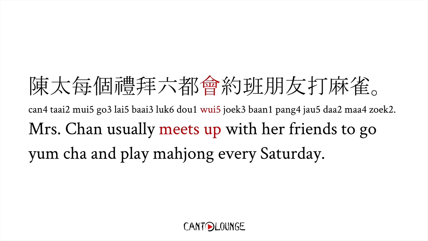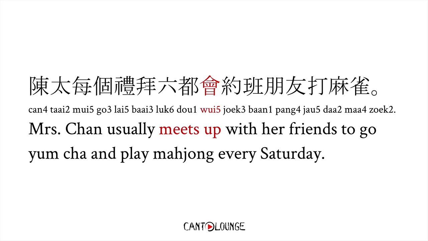And next, the third usage of 會, I think we've also mentioned this before in the lesson on the present tense. And this particular usage is used to refer to habitual occurrences, things that happen regularly, right? So for example, here we have 陳太每個禮拜六都會約班朋友打麻雀. And so Mrs. Chan every Saturday meets up with friends to play mahjong.